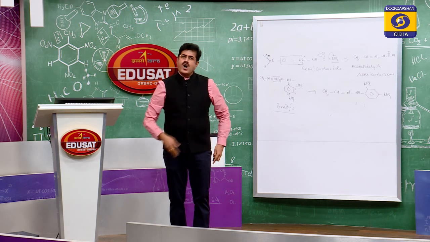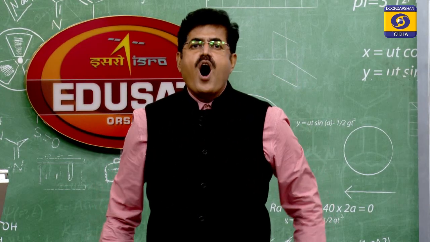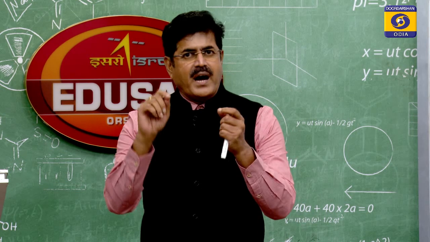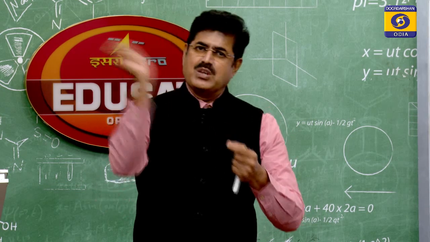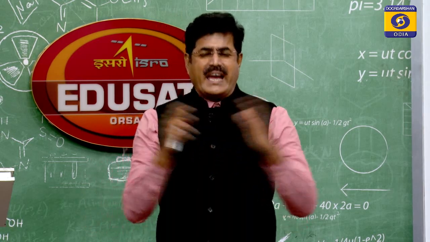Either it is an aldehyde or a ketone. C3H6O, either an aldehyde or a ketone. So, that is why 2,4-dinitrophenylhydrazine is used for detecting the presence of aldehyde or ketone group in a compound.